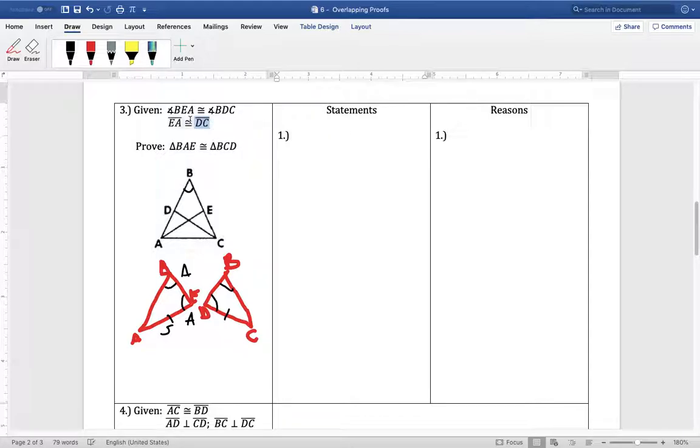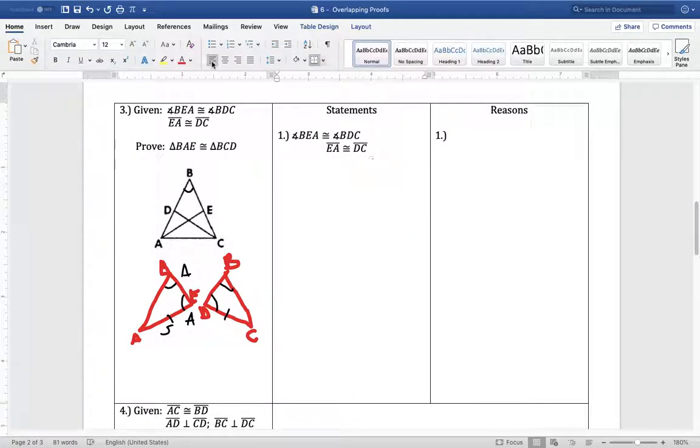When I see you, yeah, so we have these as our givens. Put these in. And we have, let's see here, there we go, put this there. These are givens.